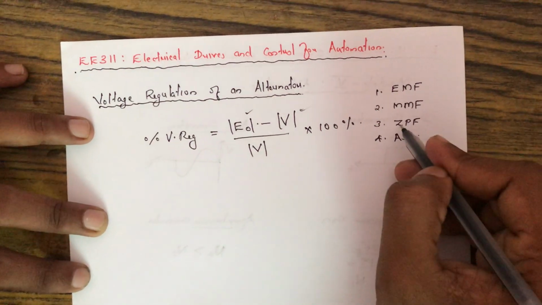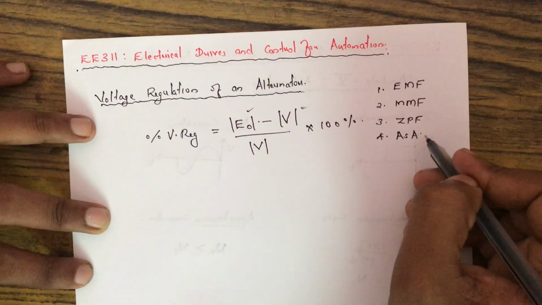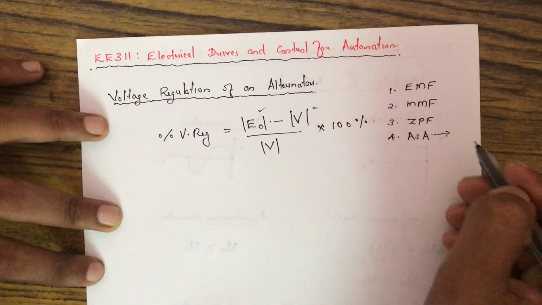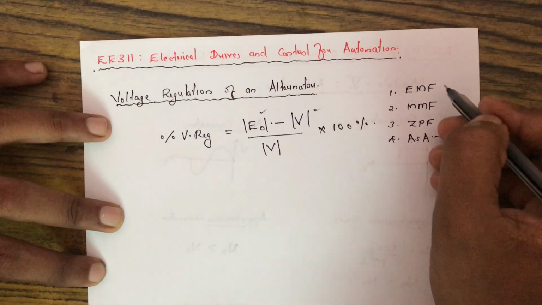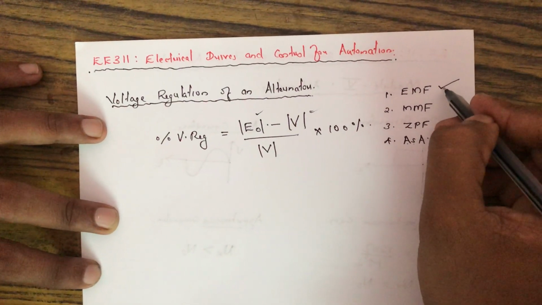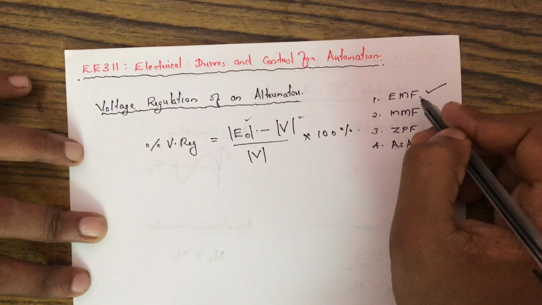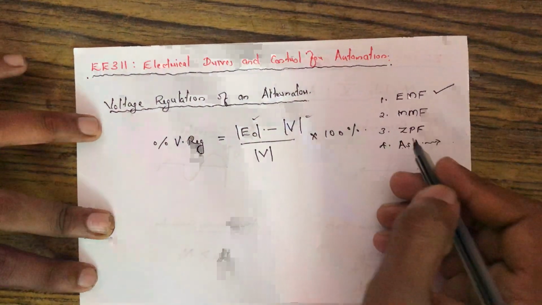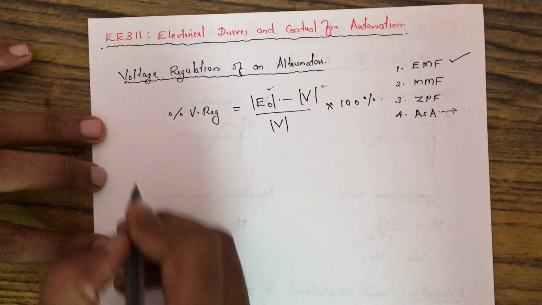ZPF means zero power factor method, and ASA is the American Standard Association method. In the syllabus you have to study only the EMF method of finding the voltage regulation of an alternator.